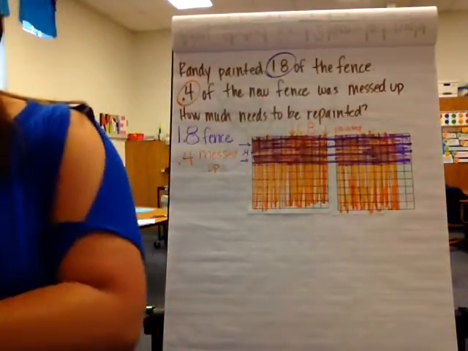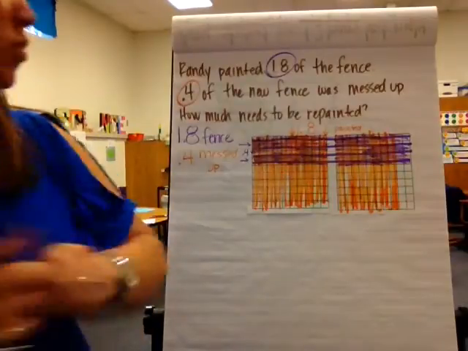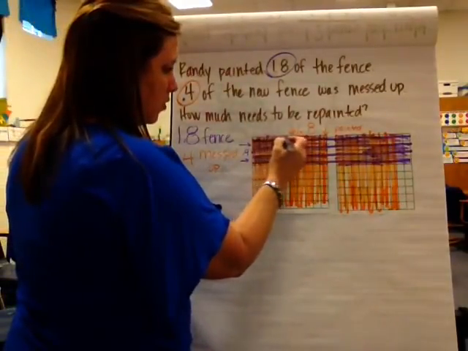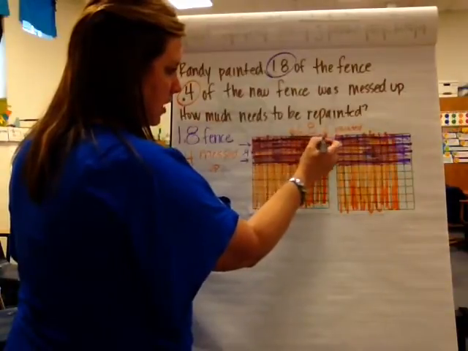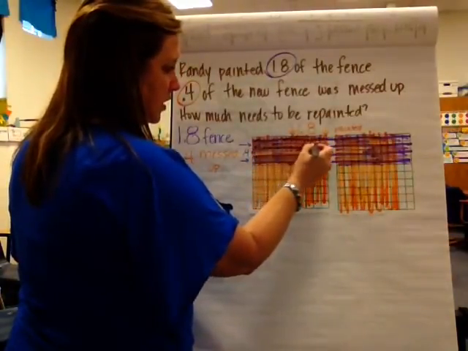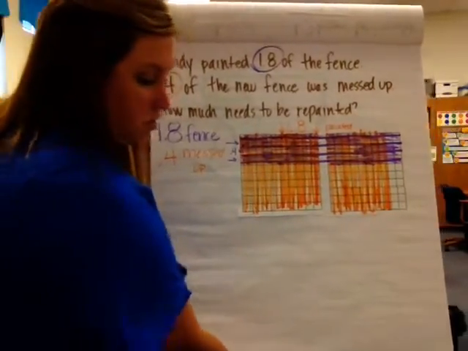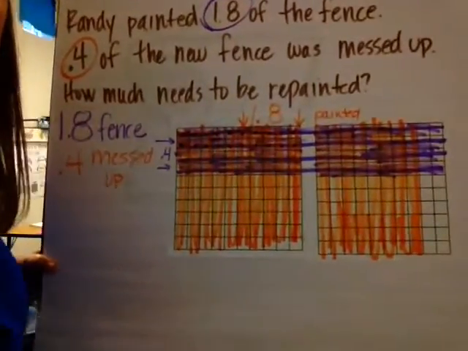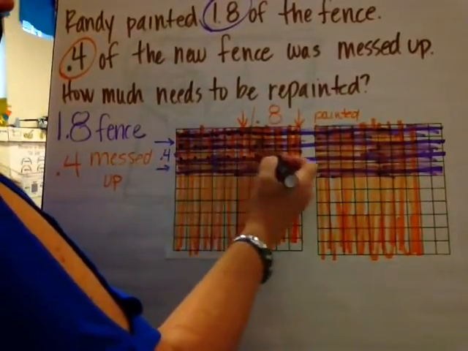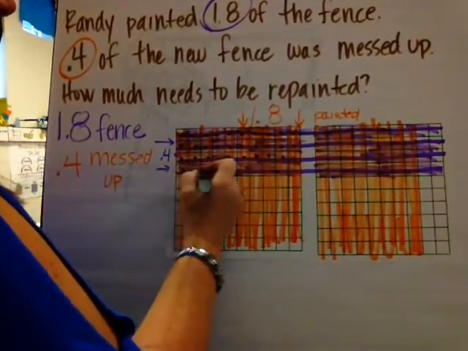Okay, so let's go back and look at it. How much was totally messed up of the painted part? 1, 2, 3, 4, 5, 6, 7, 8, 9, 10, 11, 12, 13, 14, 15, 16, 17, 18, 19, 20. I'm going to go a little bit closer so you can see. 21, 22, 23, 24, 25, 26, 27, 28, 29, 30, 31, 32, 33, 34.